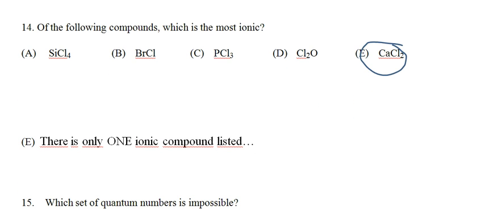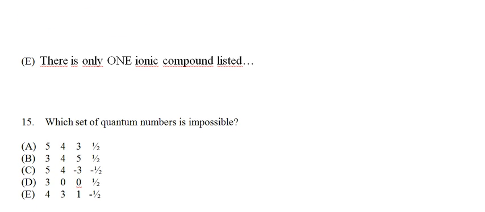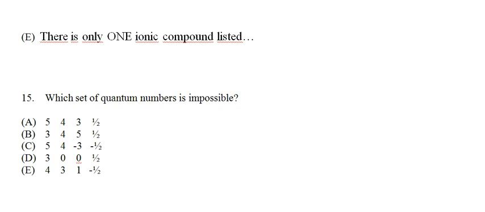All right. What set of quantum numbers is impossible? Yeah, this is a good discussion here. When we talk about principal quantum numbers, make sure we know what each one of these columns represents before I even answer the question. The first column, N. N equals the energy level.